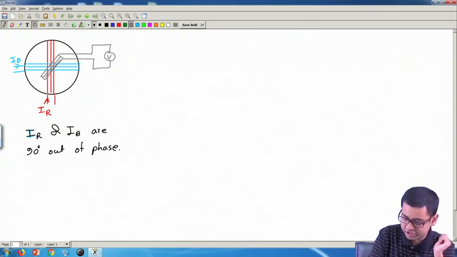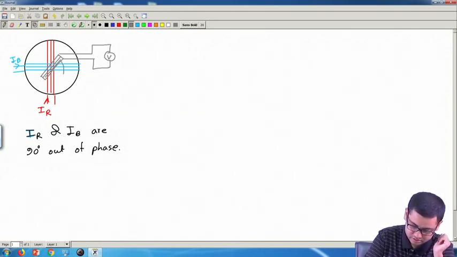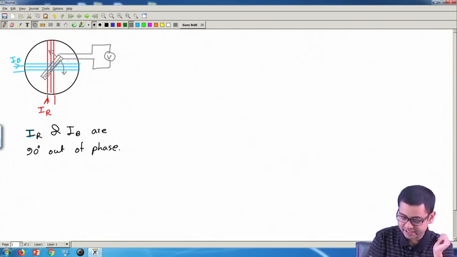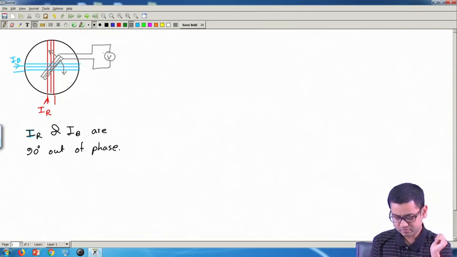Therefore, some EMF is induced, and the phase angle of that EMF can be changed by changing the position of this third coil. So you can rotate this coil in either direction, and by changing its angular position we can change the phase angle of the generated EMF.